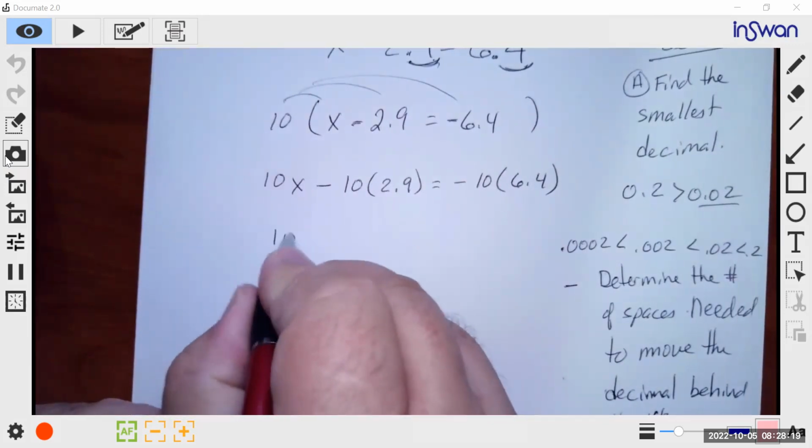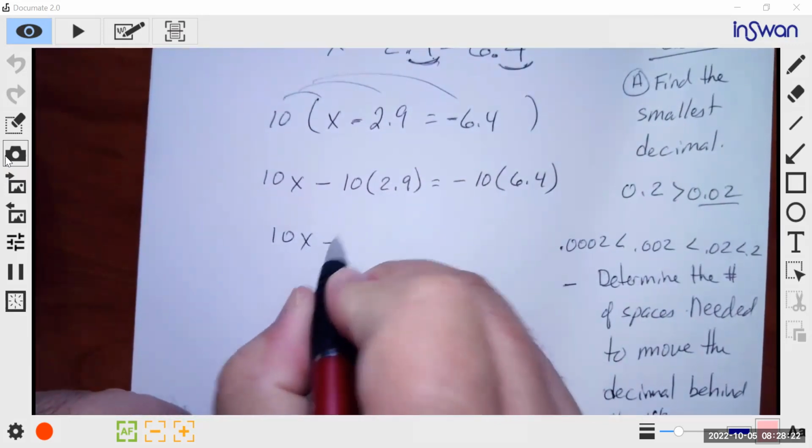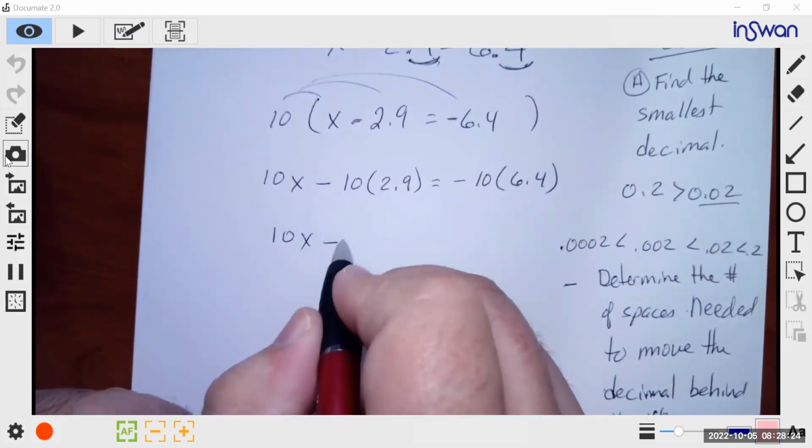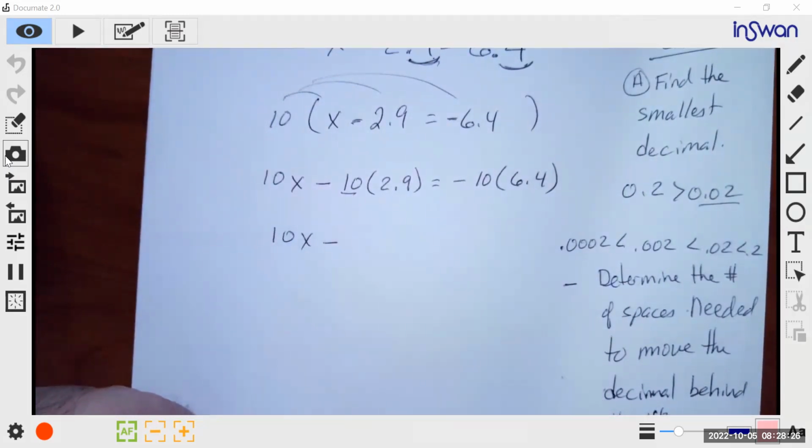So we have 10x, negative times positive is negative. What is 10 times 2.9?